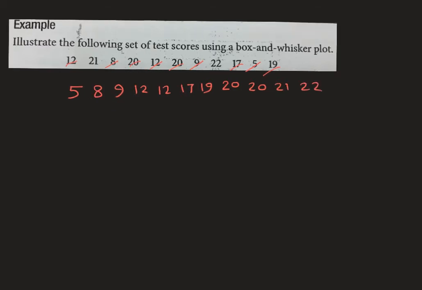After we arrange them, now we know that the least value is 5 and the greatest value is 22.